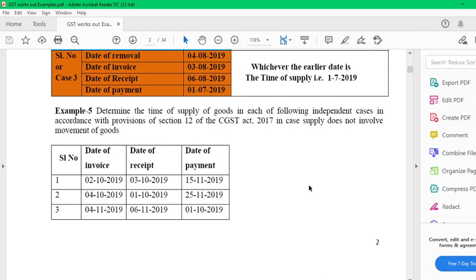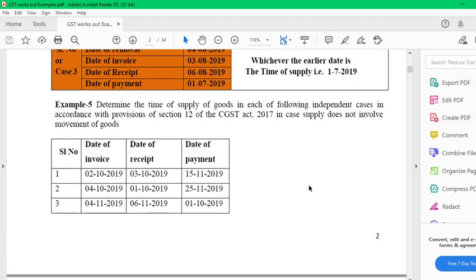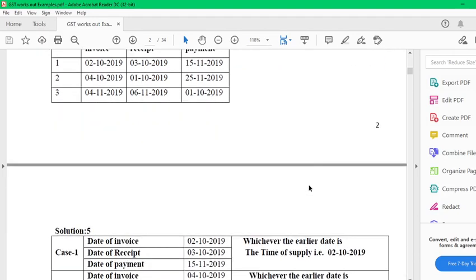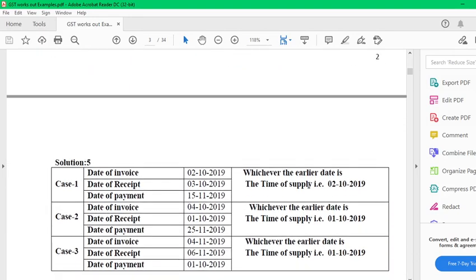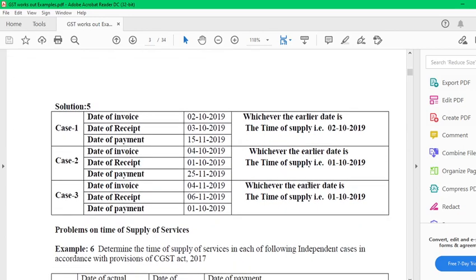These are the different dates given for date of invoice, receipt, and payment. Let us discuss this with the help of a hypothetical solution. Date of invoice is 2/10, date of receipt is 3/10, date of payment is 15/11. Which is the earlier date? 2/10 is the earlier date, very simple.